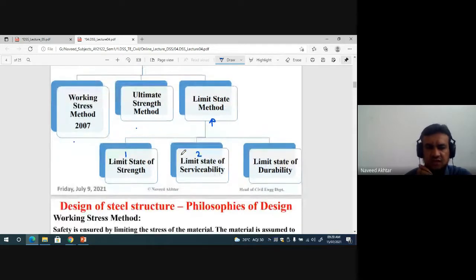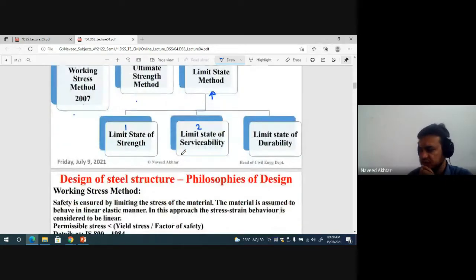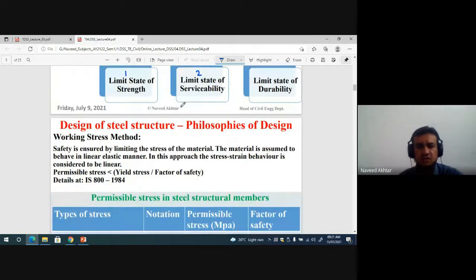Okay, so generally design is nothing but you have to give the dimensions, whatever forces are acting on the member or element, and then as a whole structure you can assess its stability, etc. So this is what the design is about.